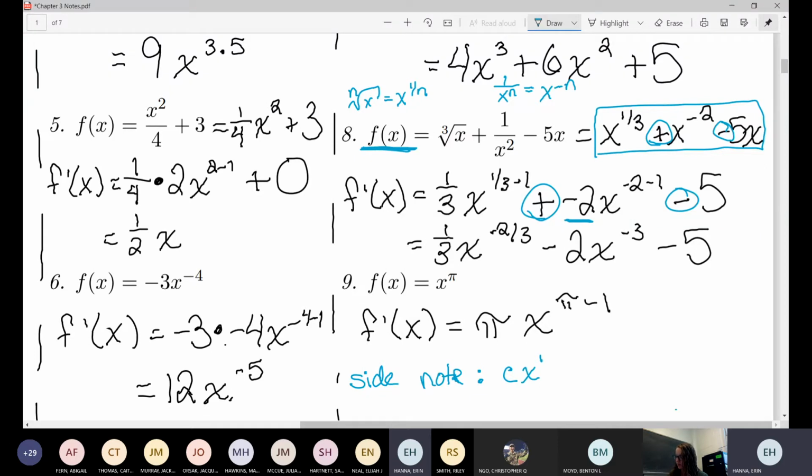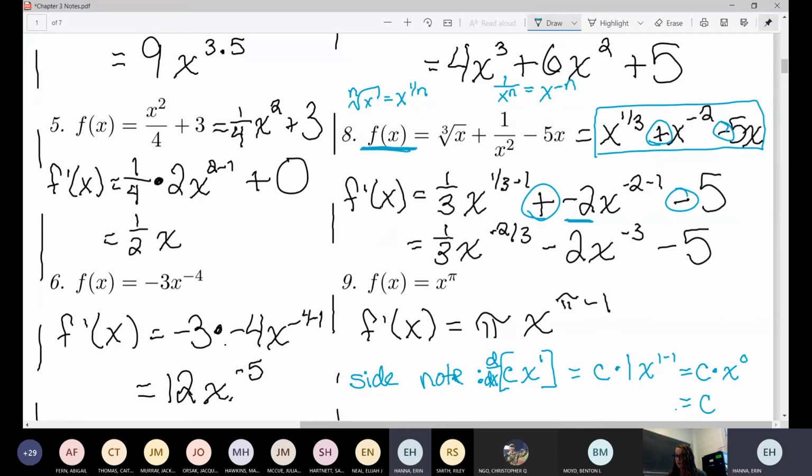If we were to do the power rule on this, we would bring the power down and subtract 1 from the power. So we'd essentially get c times x to the 0. Anything to the 0th power is 1, so that's just that constant value.